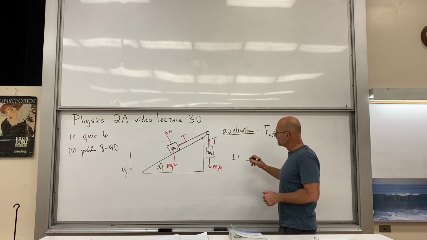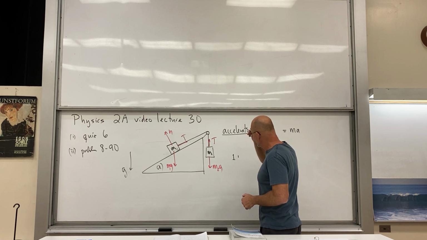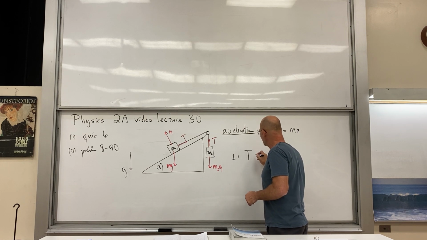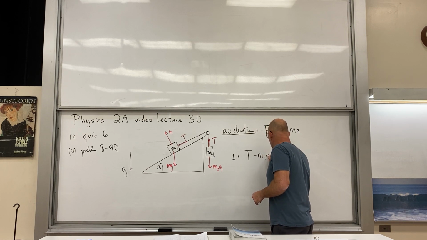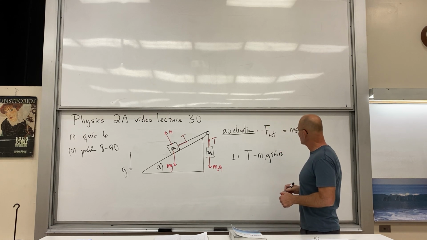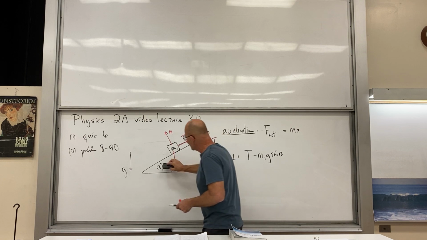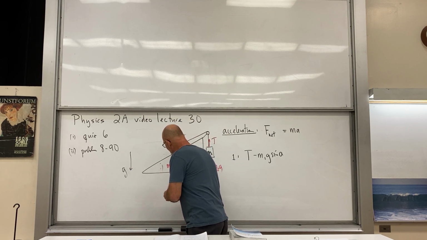We're going to have T minus M1G sine of A, since that's what I had in the quiz. I'm going to go ahead and use alpha.